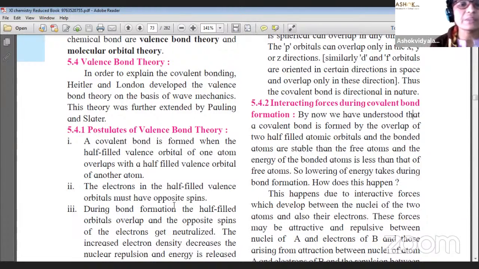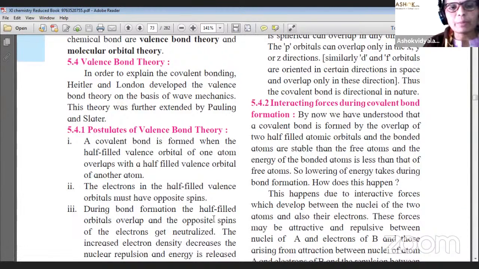The first required thing to form a covalent bond is that the atom should contain a half-filled valence orbital, and another important thing required is that these half-filled orbitals should have electrons with opposite spin.